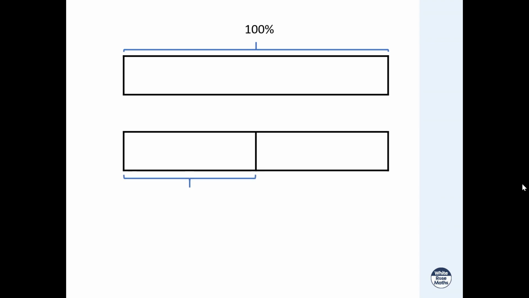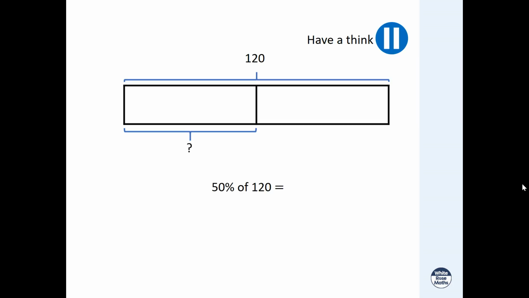So if we have a little look at our bar, we can split our 100% dividing into 2, and that is going to be 50%, a half. So if we were trying to find 50% of 120, what we need to do is to divide it by 2, split it in half, because 50% is equivalent to a half.